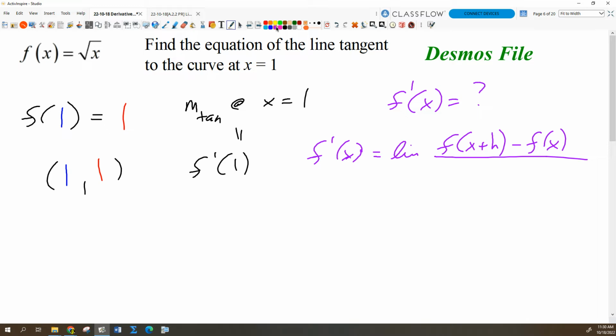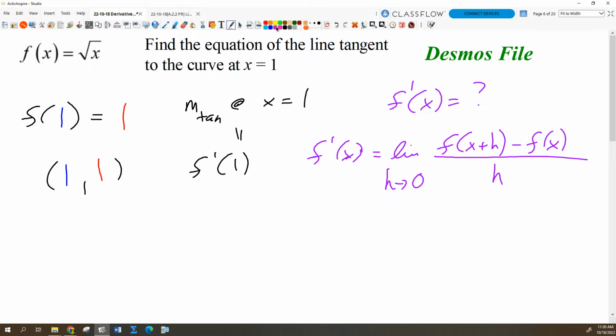That's how we're creating that secant line, okay? Over x plus h minus x, which is just h. We're taking the limit as h approaches 0. So that's our starting place. That's the fundamental definition of f prime of x.